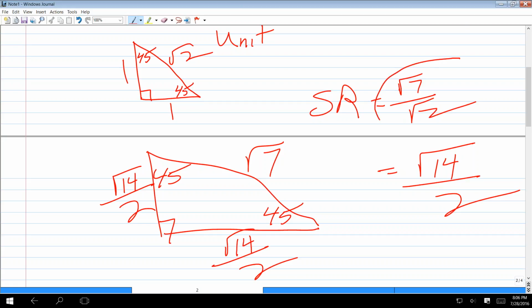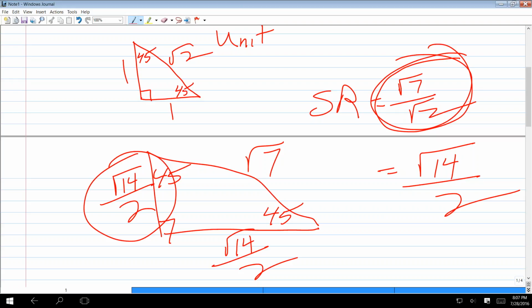So whenever you get an answer like that, you have to rationalize the denominator. If you put root 14 over 2 into a calculator, you'll get the same exact thing as root 7 over root 2. But I guarantee you, you give root 7 over root 2 on a test, you'll lose points. You give root 14 over 2 on a test, it'll be the perfect answer.